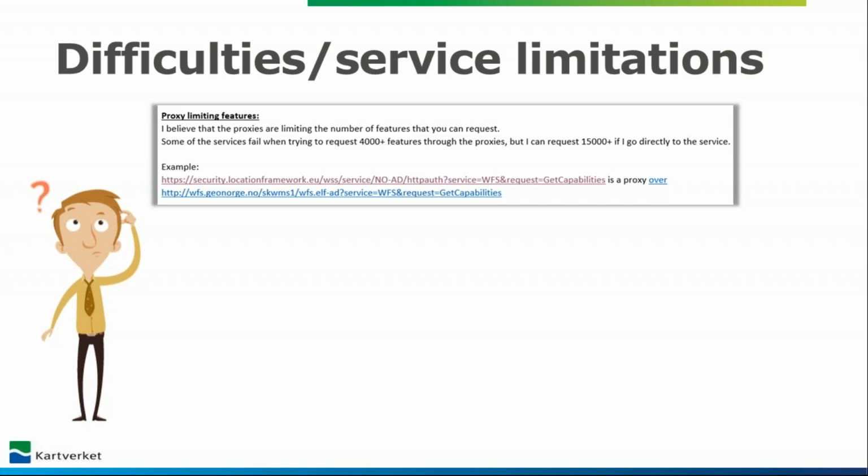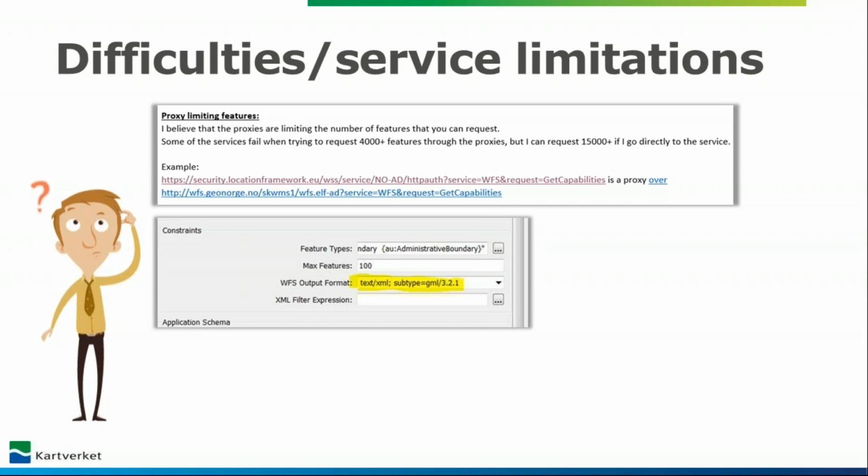And he realized that the proxies were limiting the number of features we could get. If he asked for, like in this example, more than 4,000 in a service that was supposed to return 15,000 or something, the client crashed.